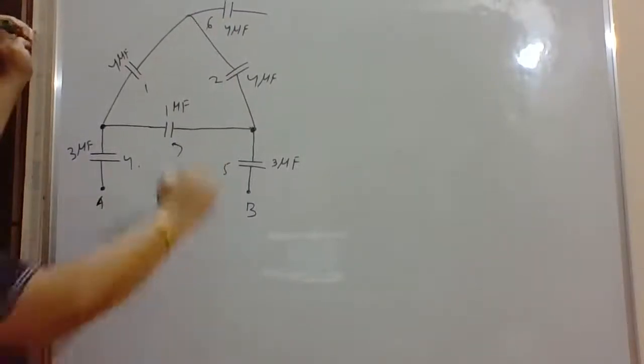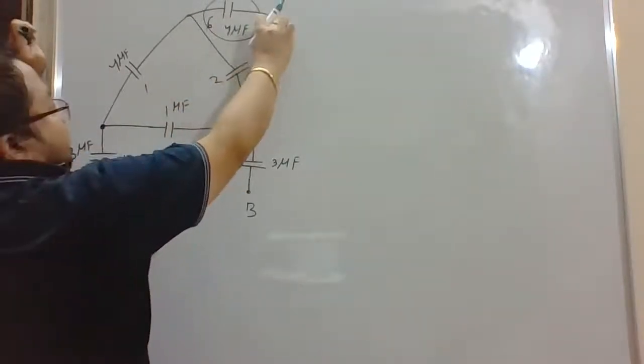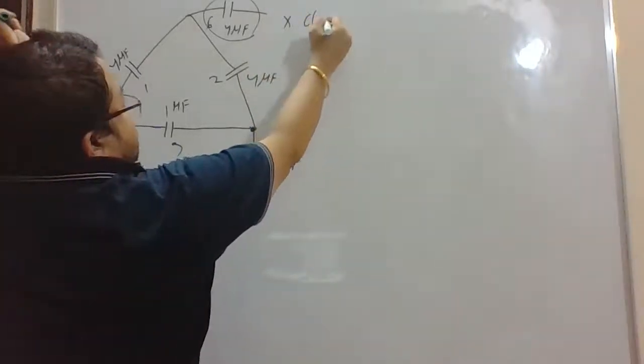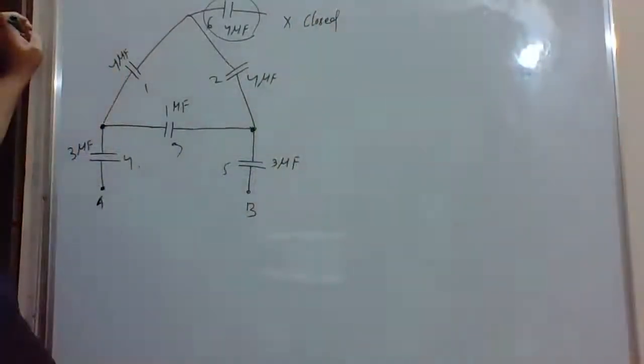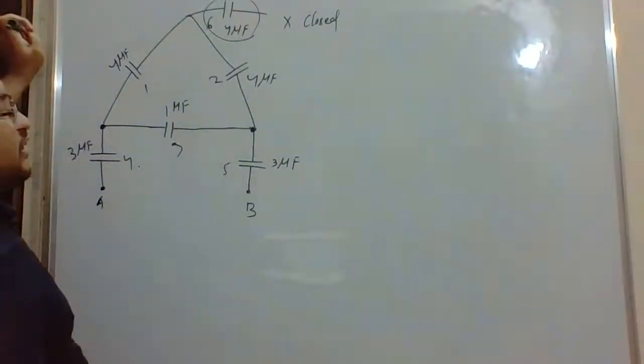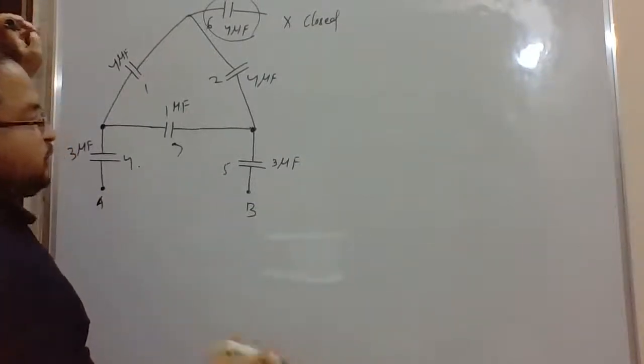So if you see here, the sixth capacitor that I connected, the other end of that is not closed. So obviously, in an electrical circuit, if you are not closing your loop, there would be no charge distribution because of that.